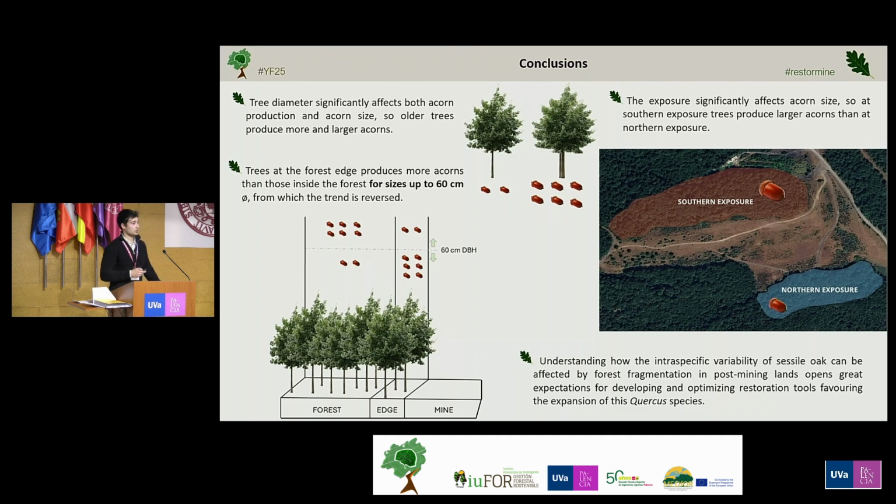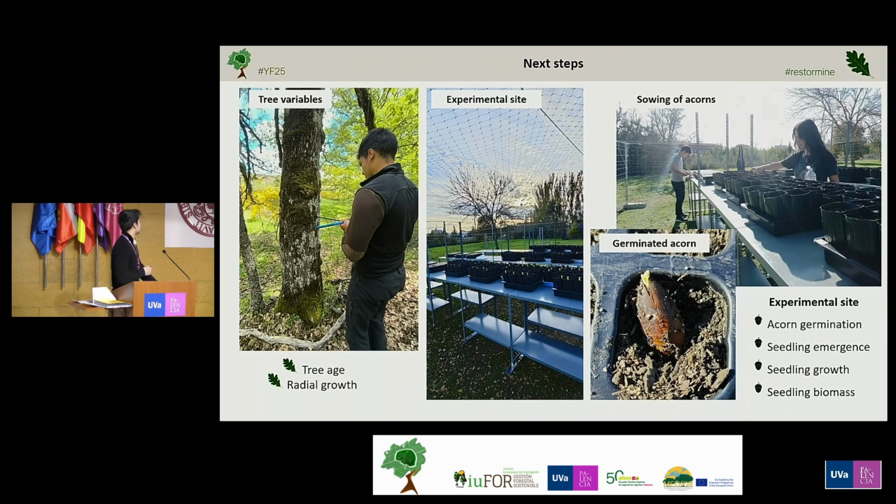Unfortunately, these results are preliminary, and as I said before, we used the diameter as a proxy of age, and in the future we want to know the real age of our 40 trees. And when we know this age, we will also know the radial growth.